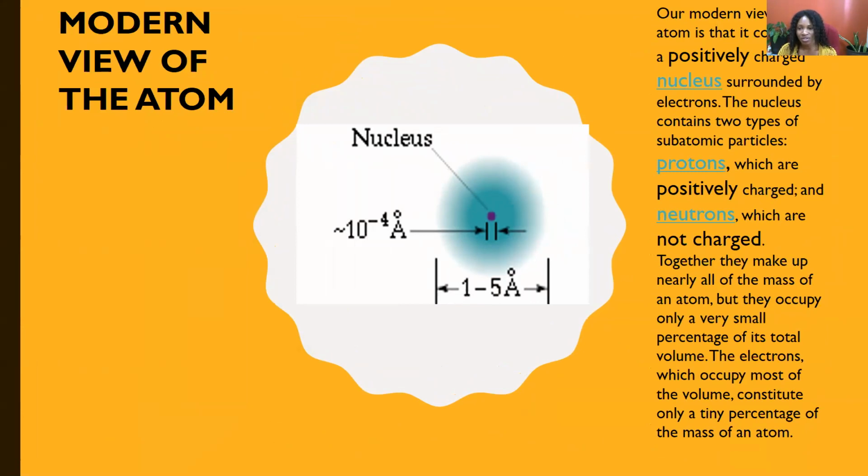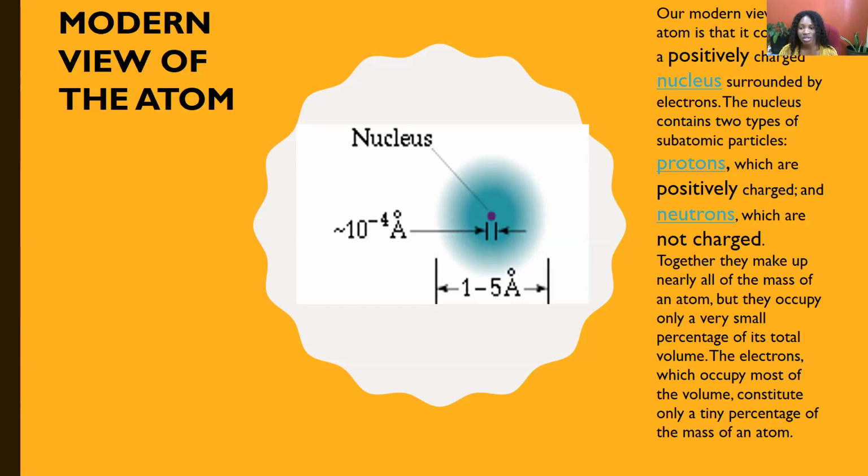Inside the nucleus we have protons and neutrons. The equal amounts of charge from the electrons on the outside and the protons on the inside lead to our atom having a neutral charge, meaning it is not charged. Together they make up most of the mass of the atom, but they occupy only a very small percentage of its total volume.